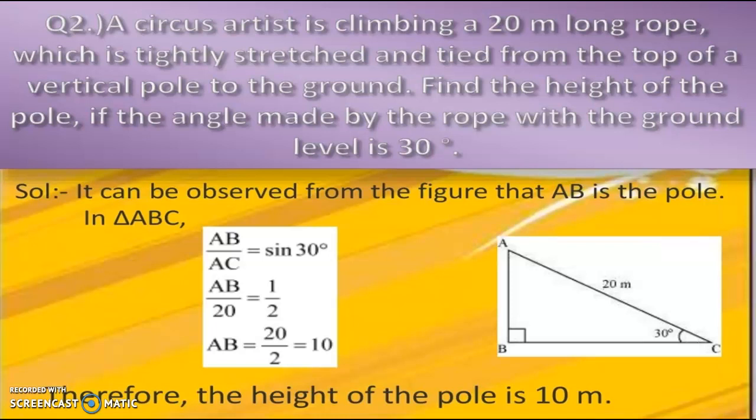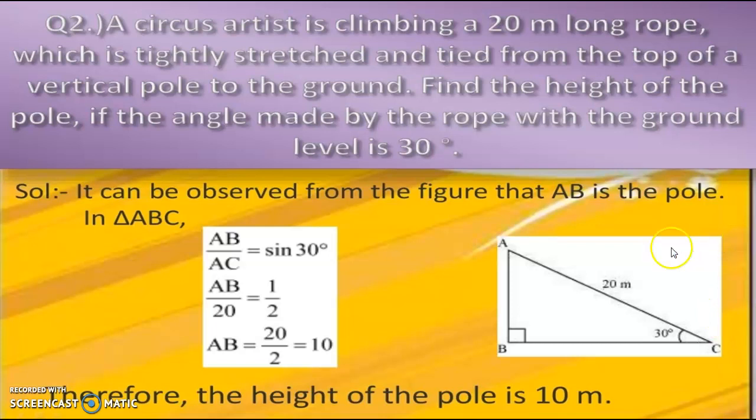Let me come to the next question. A circus artist is climbing a 20-meter long rope which is tightly stretched and tied from the top of a vertical pole to the ground. Find the height of the pole if the angle made by the rope with the ground level is 30 degree. So again, first of all, we have to draw the figure.